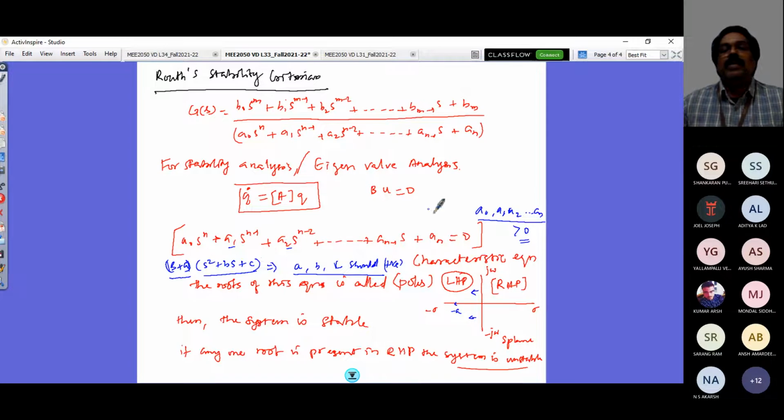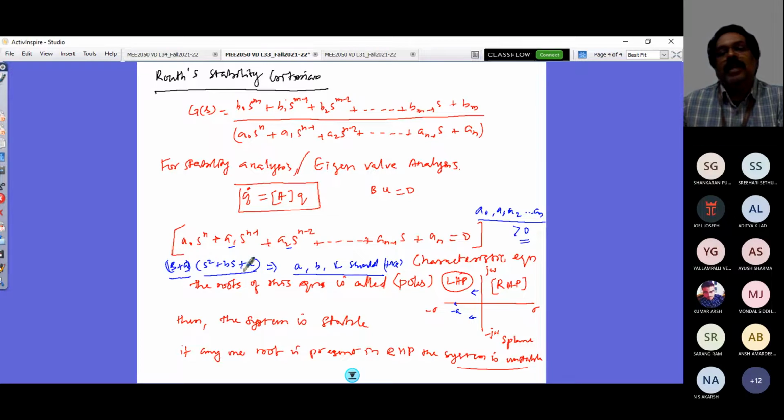So how can this characteristic polynomial also be looked at when you look at an nth order homogeneous ordinary differential equation? That is what I am going to start looking at in today's class, to get into understanding the Routh stability criterion. Essentially, this nth order polynomial can be factorized in terms of linear or quadratic factors.